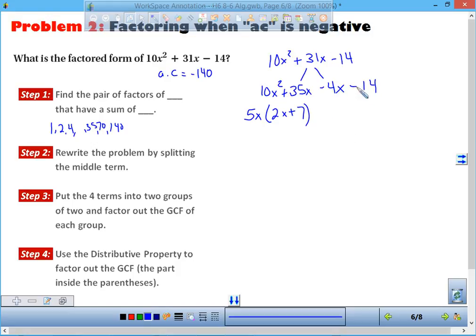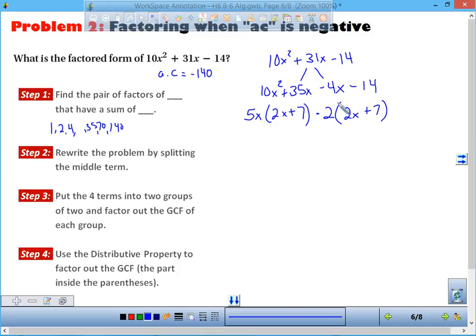And we have over here negative 4x and negative 14. I'm going to want to take out a negative 2. And then after I take out a negative 2, because negative 4x divided by negative 2 is positive 2x, and negative 14 divided by negative 2 is giving me positive 7.